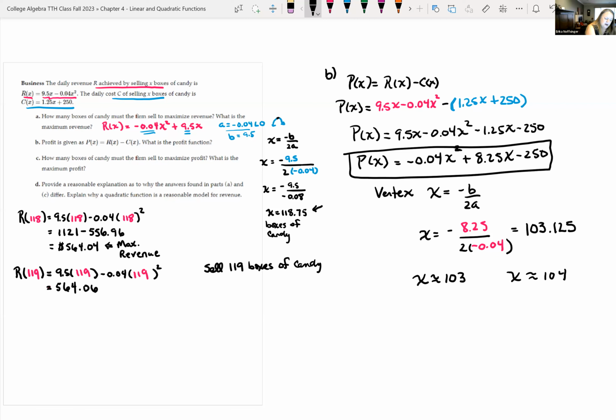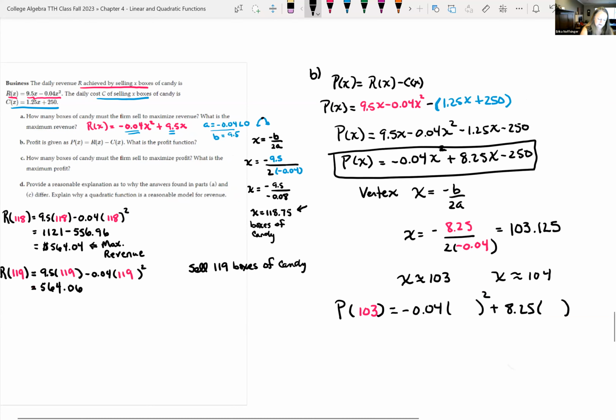So that's a number. But what is the maximum profit? We would find that by plugging those values back into our profit function. So I want to look at what is P of 103. So negative 0.04 all times 103 squared plus 8.25 all times 103 minus 250.